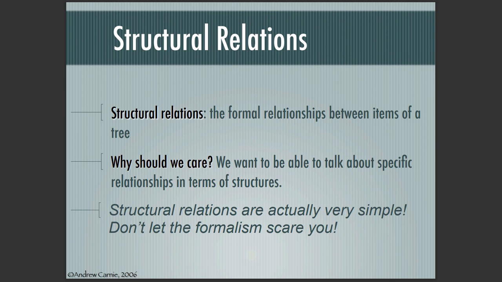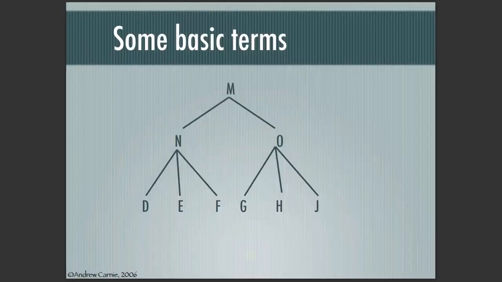So, basic terms. When we talk about a tree, we are talking about some specific elements of the tree. As you can see in this video, we have letters and we have lines. The letters are M, N, O, D, E, F, G, H, and so on.